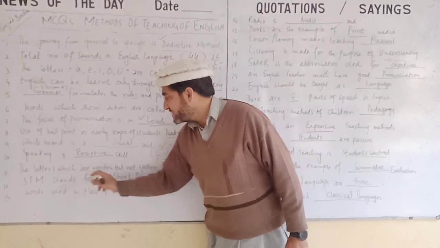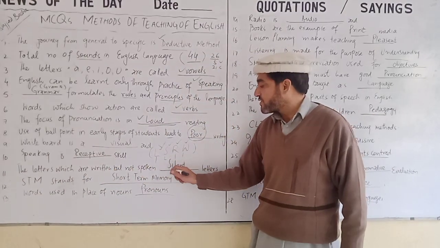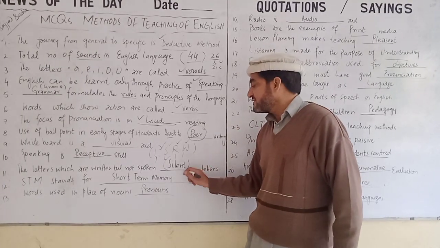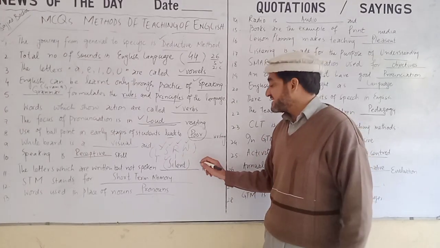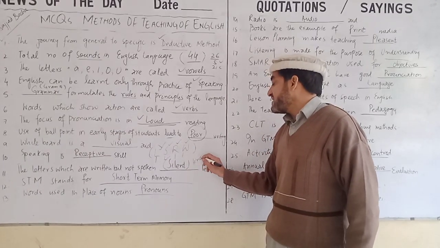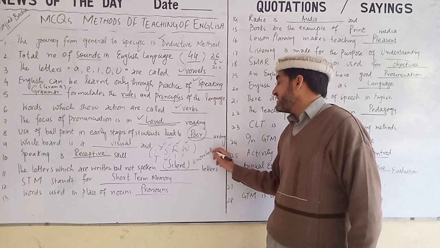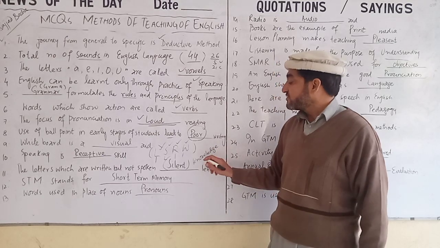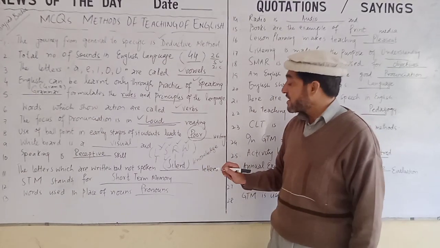The letters which are written but not spoken are known as silent letters. For example, knowledge. So we say knowledge.